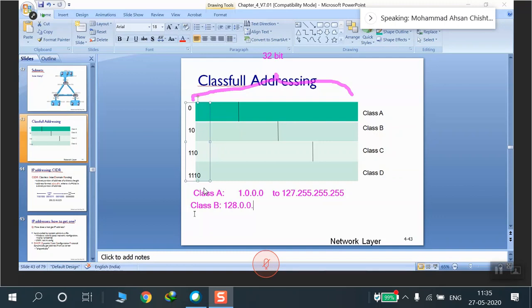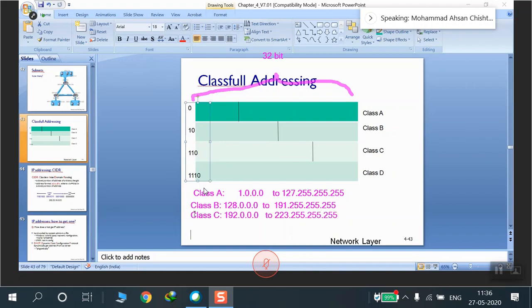Then we have class C, which starts from 192.0.0.0 to 223.255.255.255.